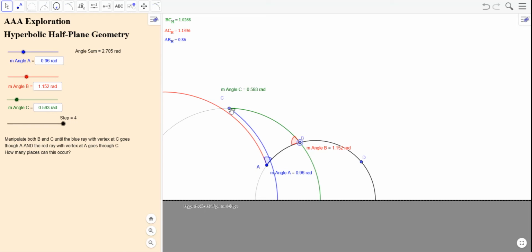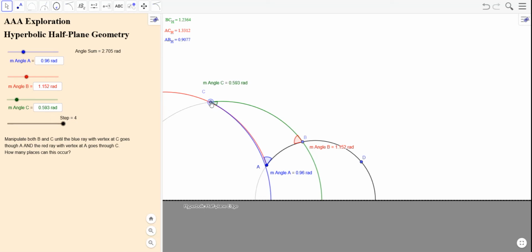Well, the question is how many places? It's not clear that it's infinitely many places like we had before. And it's not going to be completely clear from this exploration. But I want to try to convince you that the trouble is I've got two different controls to try to keep working.